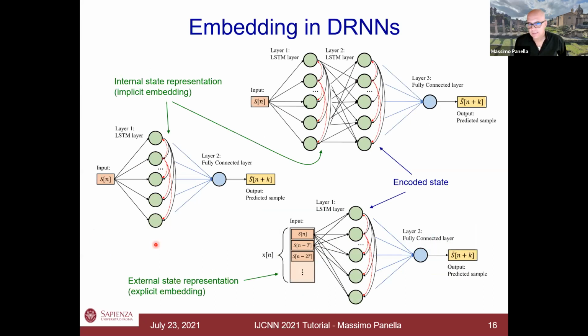So how embedding can be obtained in deep neural networks. For example, this is a typical reference architecture, where we have the input of the time series, a scalar time series, an LSTM layer, and then a fully connected layer, with either linear or nonlinear activation. Usually, nonlinear ReLU activation is better to be adopted in deep stacks.